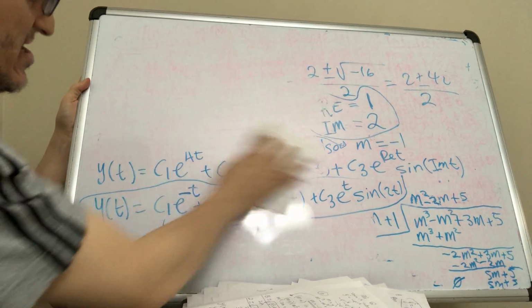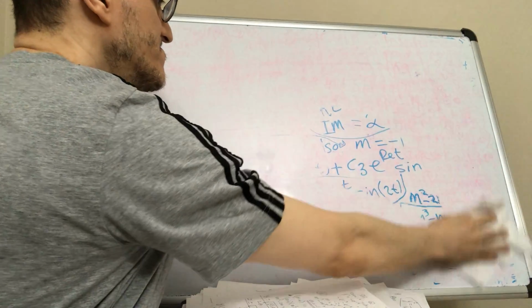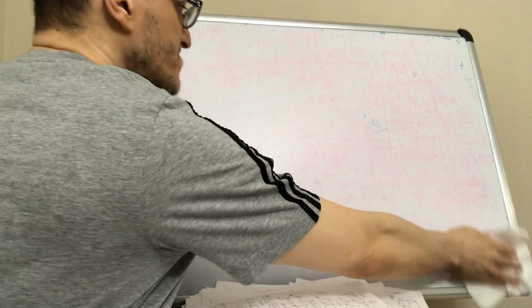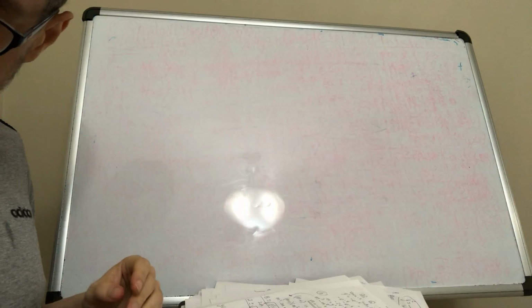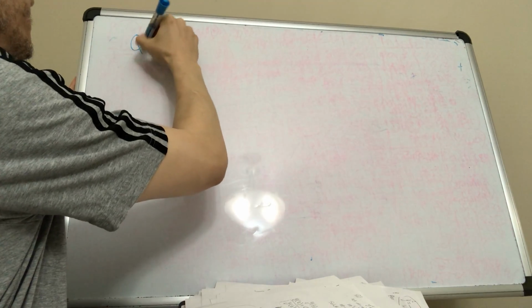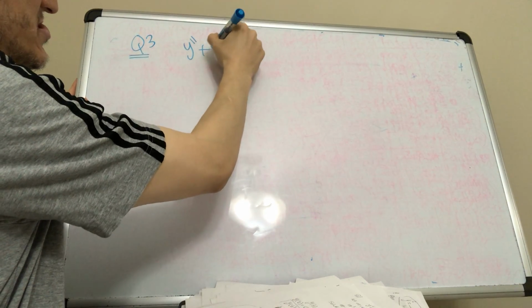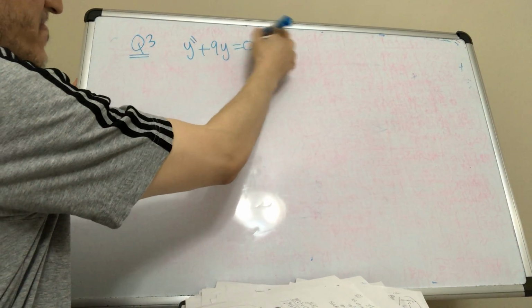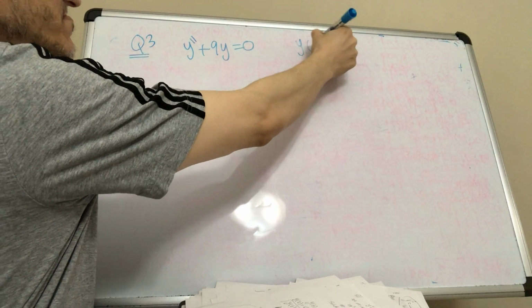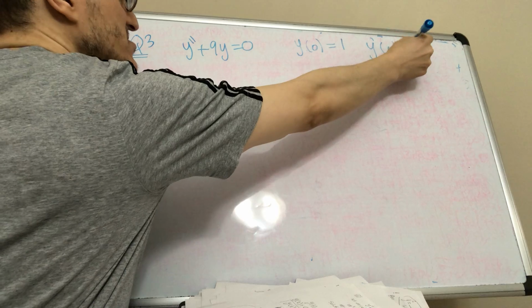We go to the last question, question 3. Question 3 was giving you a DE equation with initial conditions. y of 0 is 1 and the derivative at 0 is 1.